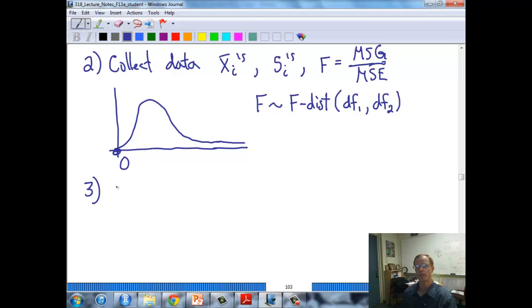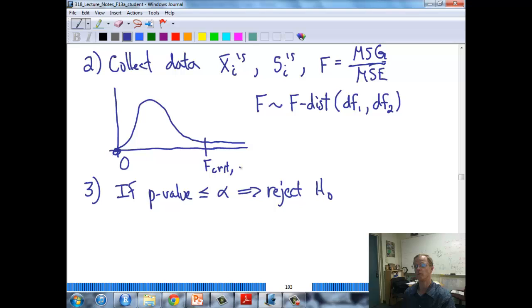So we're going to have a situation. If the p-value is, of course, less than or equal to alpha, then we reject. That's always the case, what we've always had. That's equivalent to the following. Let's take a cutoff here. We're going to have a critical value, so I'm just going to call it f critical, at the level alpha.